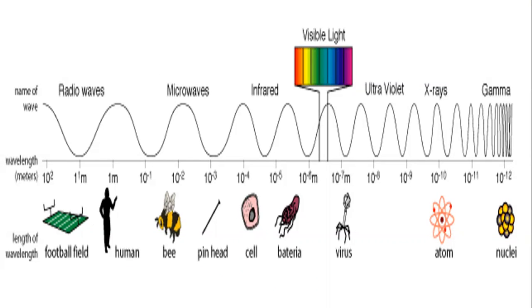Nonetheless, radio waves are very useful. They are used for radio and, believe it or not, television broadcasts and many other purposes. So here's a question for you. Based on this picture, what is the range of frequencies of radio waves? Take a second and think about that.